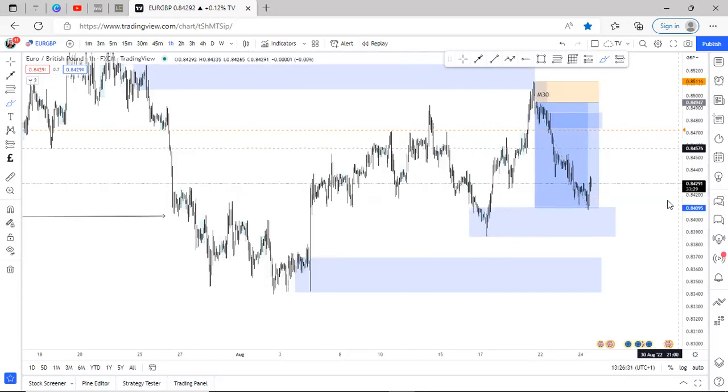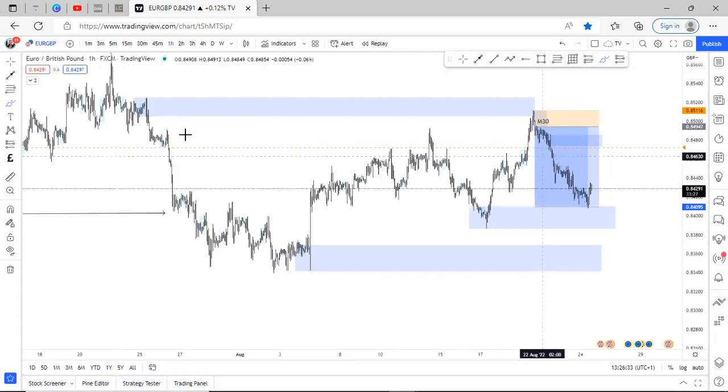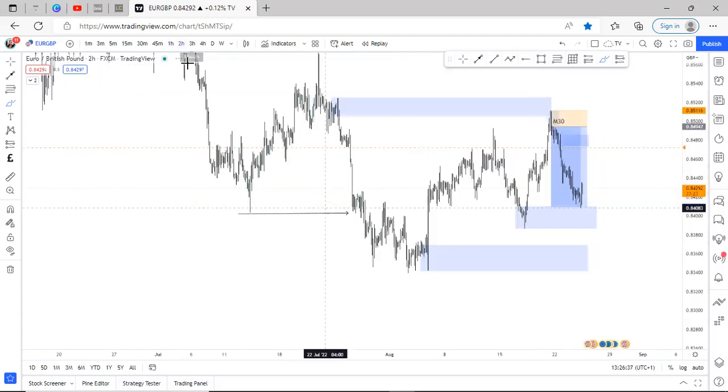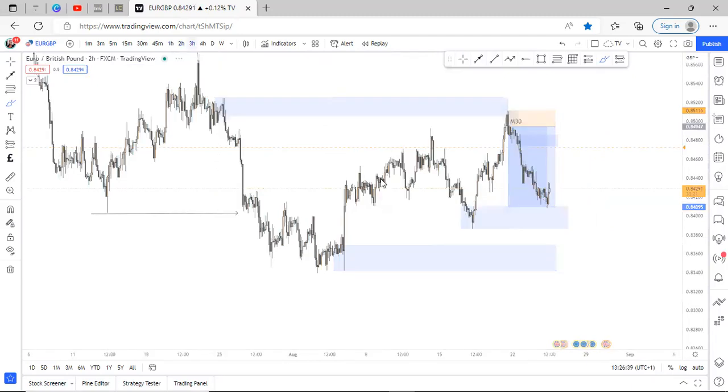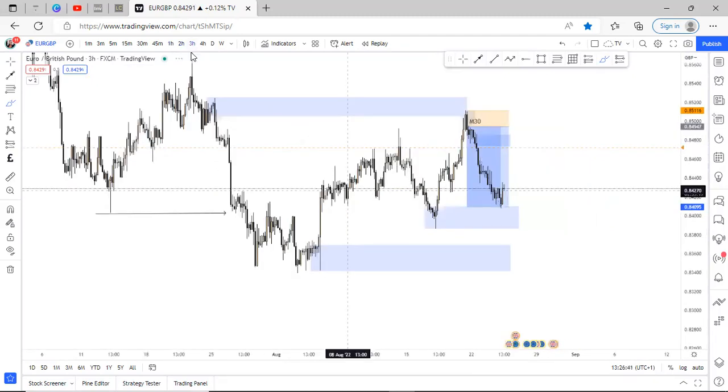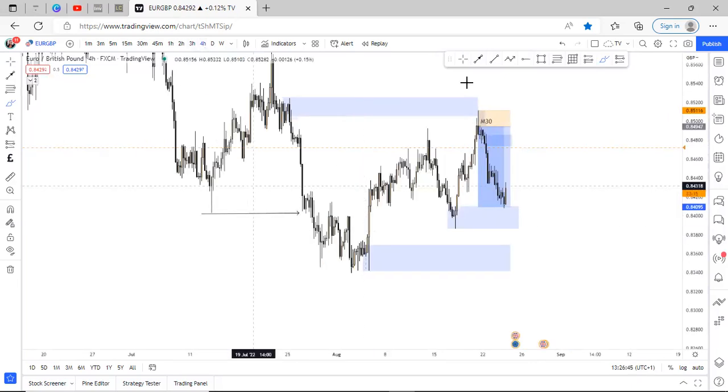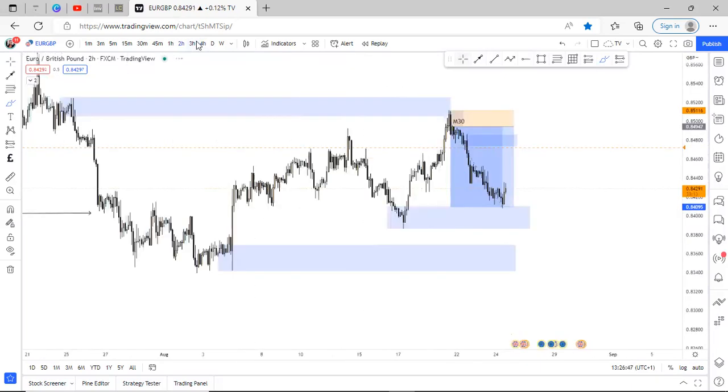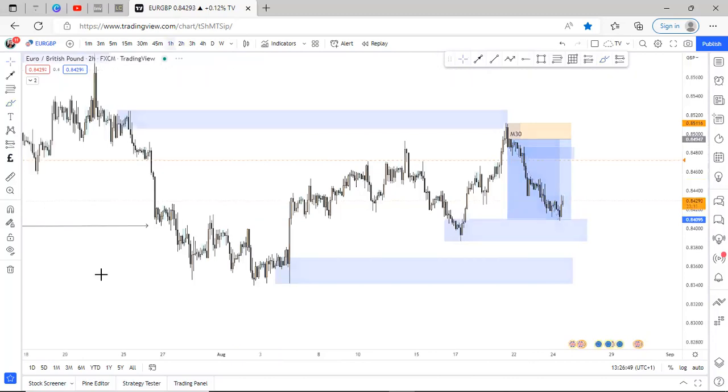So this week when I got on the chart, I realized price was mitigating this higher time frame supply. This supply zone is clear on the 3 hours time frame. Let me see the 4 hours time frame now, not so clear. The 2 hours time frame, 1 hour.